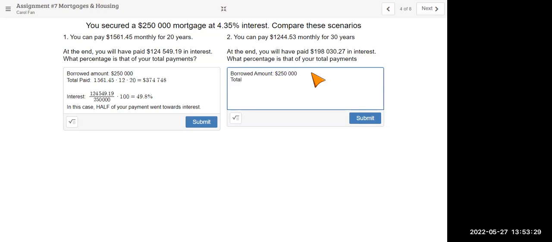The total that I've paid, 1244.53 times 12 times 30, is $448,030.80.